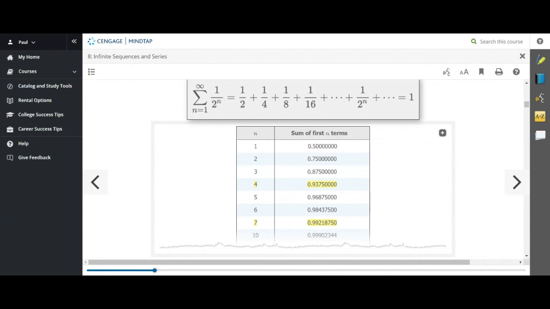That's exactly right. Good, Clea. Good, Jonathan. 1/2 plus 1/4 is 0.75. 0.5 plus 0.25 is 0.75.